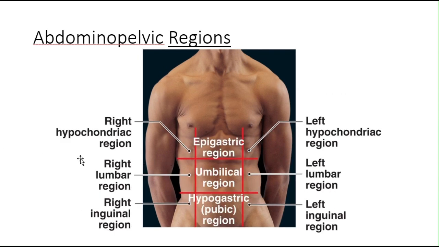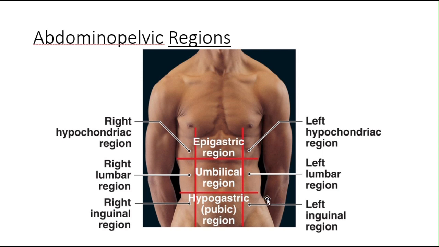Another system can divide our abdominal region into 9 regions. Two sections come from the mid clavicle region. At the middle of the clavicle we have a section, called the mid clavicular line, on both sides.